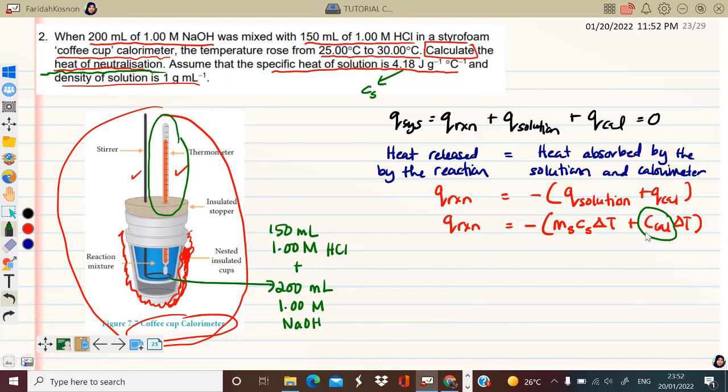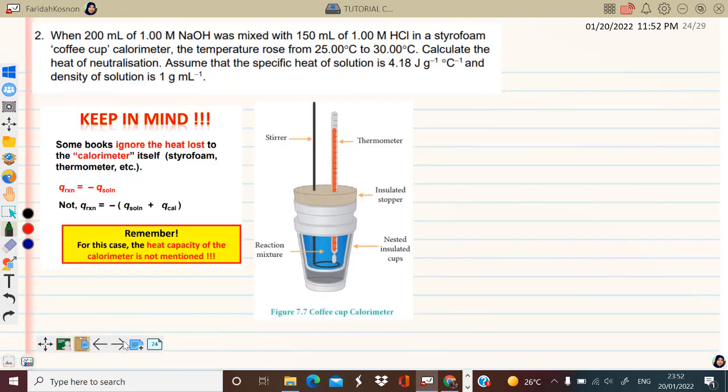Tapi disebabkan the heat capacity of the calorimeter tidak diberikan, maka yang ini kita abaikan. Jadi macam mana nak kira? Kita hanya boleh kira menggunakan heat released by the reaction equals to heat absorbed by the solution. Kalau dia beri heat capacity, baru kita ambil kira lah heat absorbed by the calorimeter. Jadi itu konsep dulu.